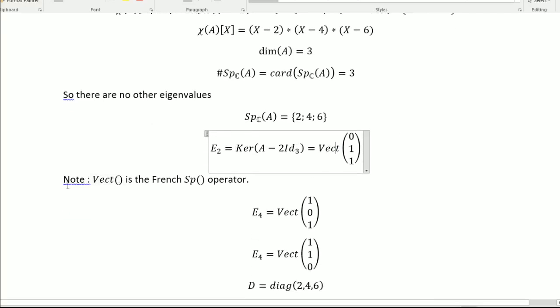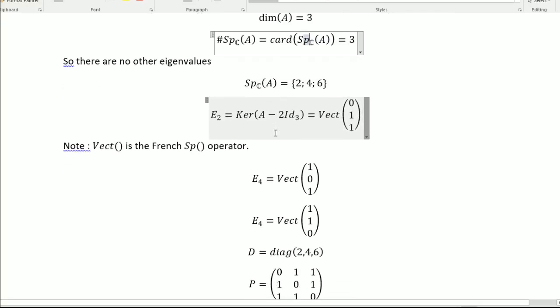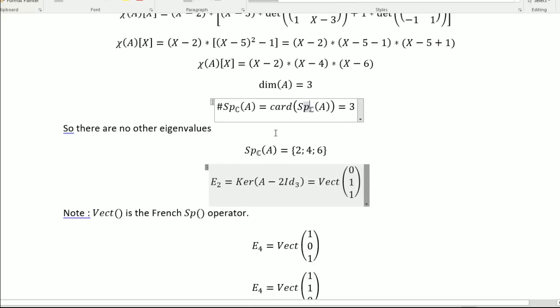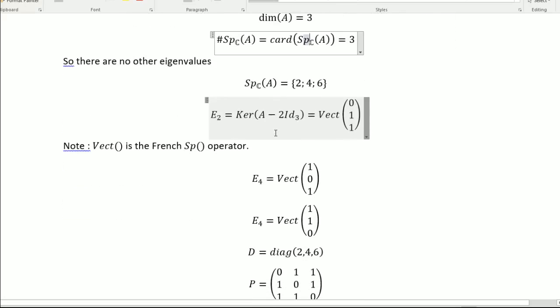Also, what I call vect is actually the French span operator, so span in English, I think. And this SP corresponds to the spectrum, so the list of eigenvalues. So we do the same thing with 4 and with 6. This one is actually 6.